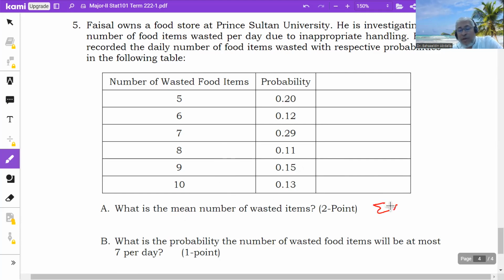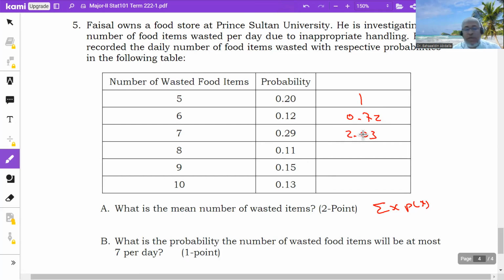The formula, summation x times probability of x. So multiply 5 times 0.2, which is 1. Okay. 6 times 0.12, which is 0.72. 7 times 0.29, which is 2.03.